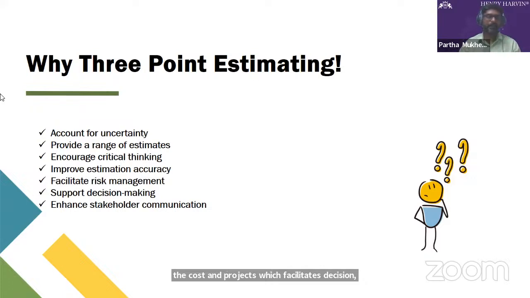And lastly, we can say 3-point estimation gives the project stakeholders an idea about the uncertainty and risk involved in a project. So that when we are expecting something, we can consider the risk factor too. So these are the reasons why you should prepare the 3-point estimation.